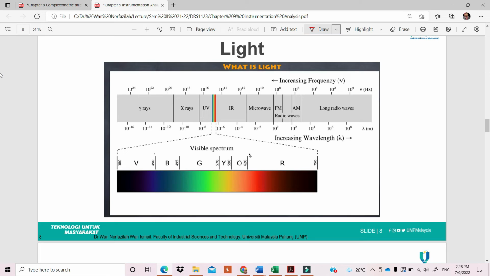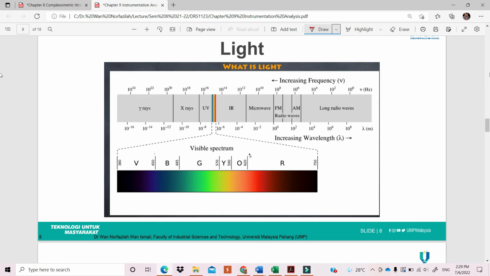So what is the light ataupun electromagnetic radiation? Light, we have a few classifications. We have the visible spectrum that you can see with your eyes, and then we also have gamma rays, X-rays. Kalau you pernah dengar you pergi X-ray, untuk masuk UMP you kena buat X-ray kan, yang tu under light jugalah, one of the lights.